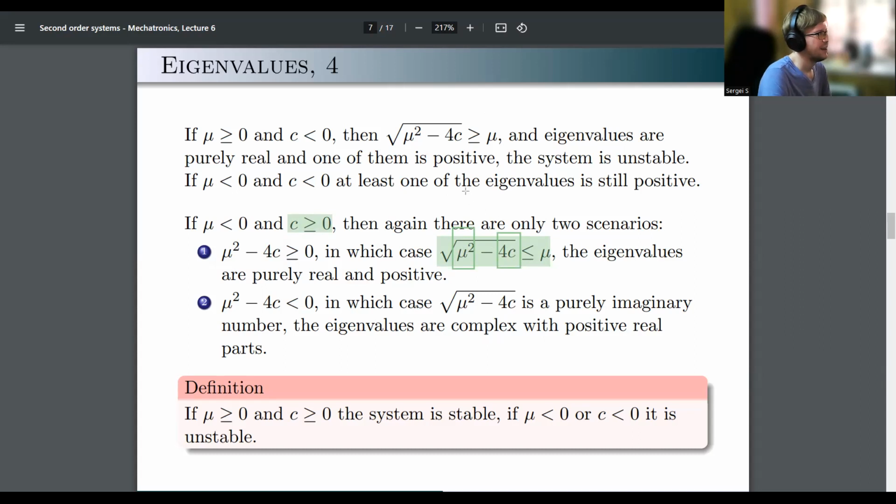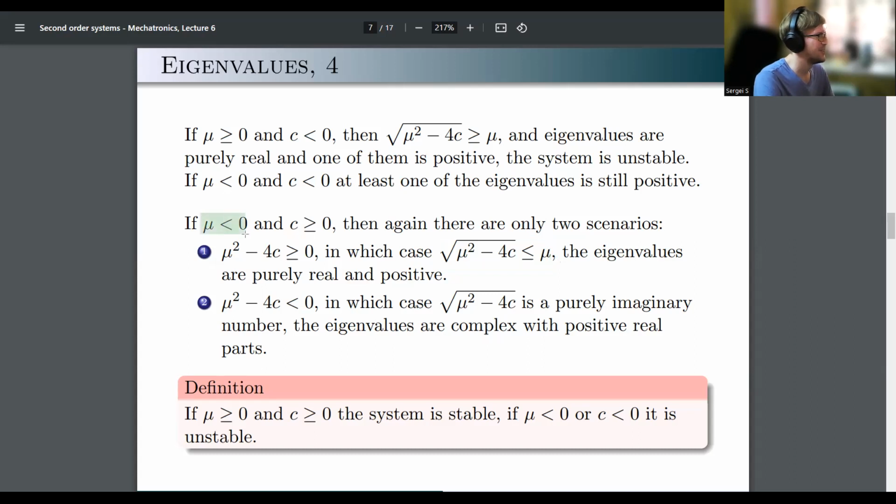So this guy is bigger than mu, and now I think we can just by memory say that minus mu plus or minus a smaller number would always give us... sorry, I went too fast.